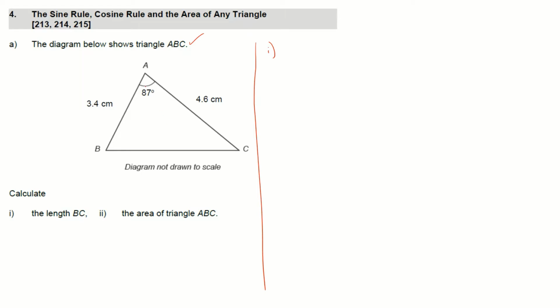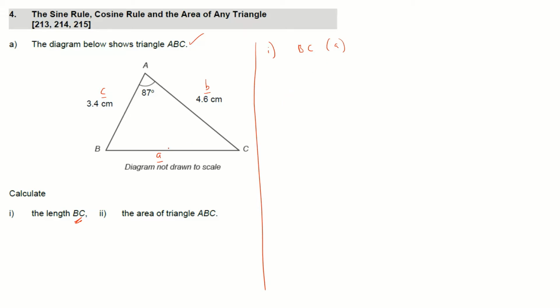Remember the labeling. I want to find the length BC. If this is angle A, then side A will be opposite angle A. This is side B with lowercase because it's opposite angle B. This is side lowercase c. So if I want to find BC, then that is actually side A. So what can I do here?